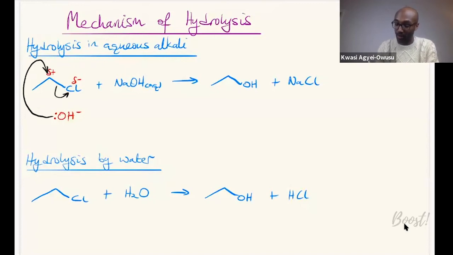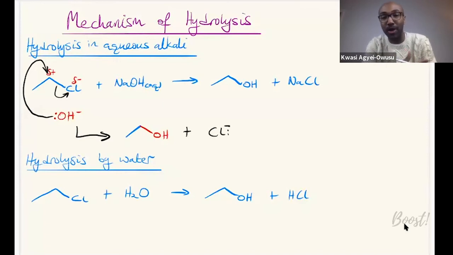And what you end up with is, of course, the formation of your alcohol. So if I draw that in blue, and let's stick to our color coding, there's your OH that's just been added, and we've also made a chloride species, Cl minus, and because you've got sodium ions present, you're going to end up forming sodium chloride as the other product.